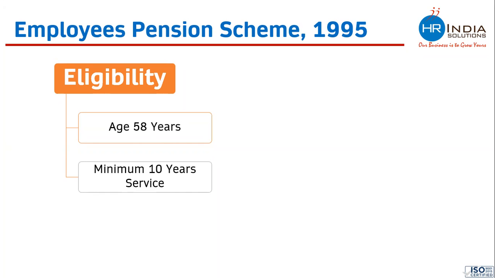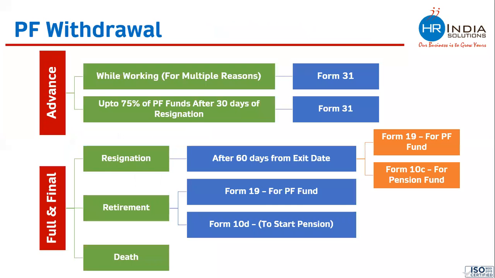Okay, we have seen these cases, right? All these advances are paid from PF. Full and final settlement: if you want it after resignation, after 60 days, you have only filled form 19 and you have not filled form 10C. To get this pension, you need to claim from a different form.